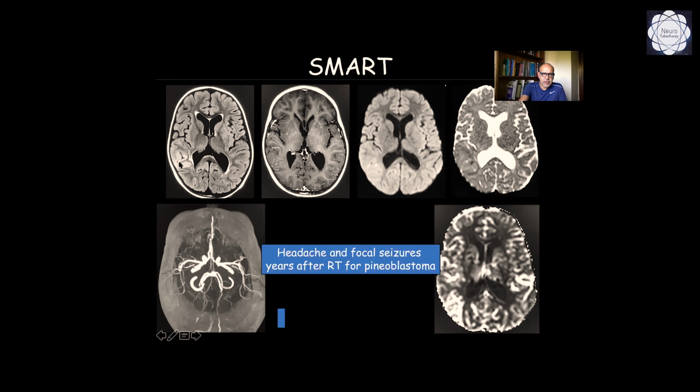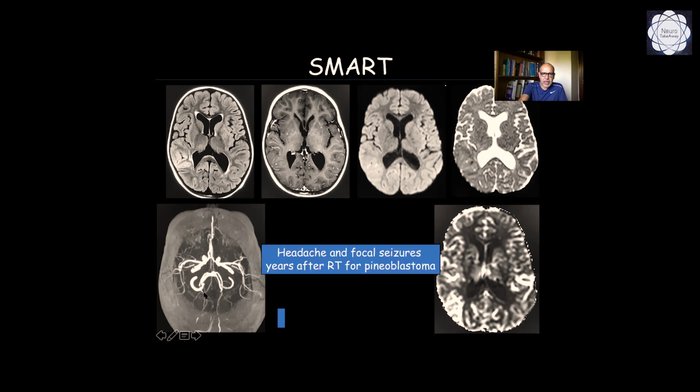You see here hyperintensity on FLAIR on the right temporal parietal lobe with gyral enhancement and enhancement of the leptomeningeal vessels. There is not much restriction. This is typical of these cases, but you see here a little focus of restriction.